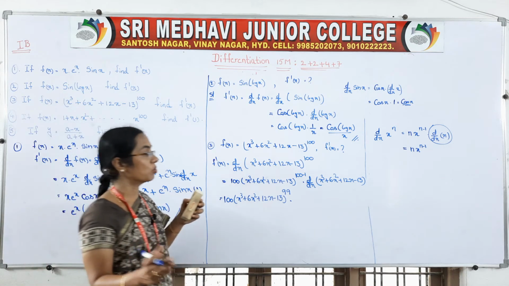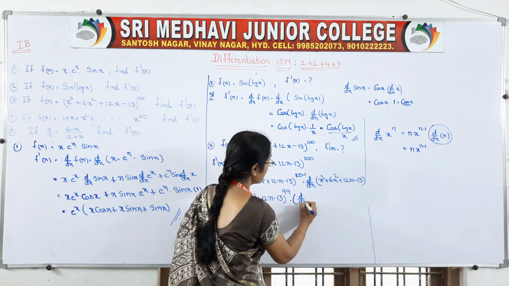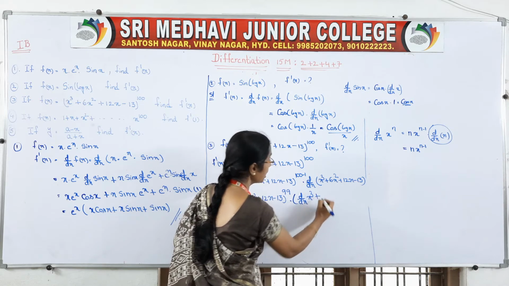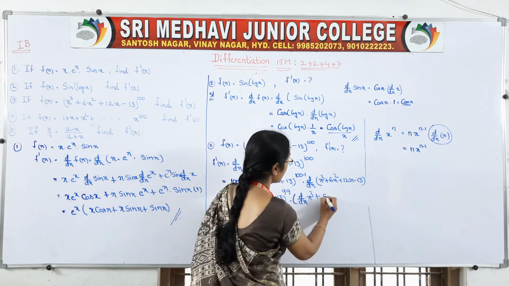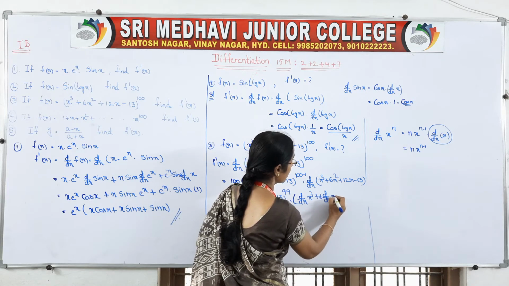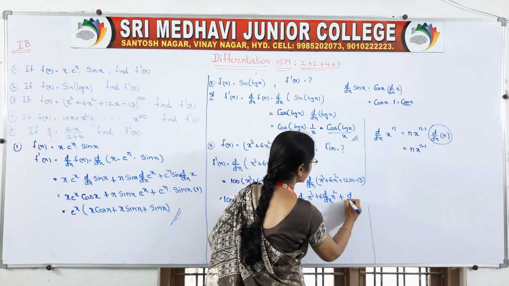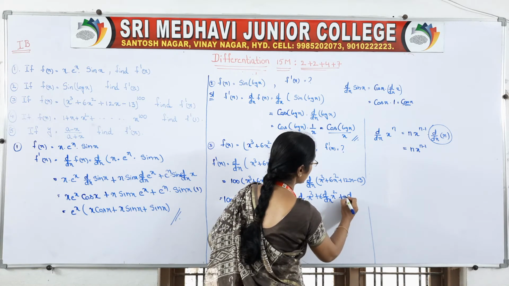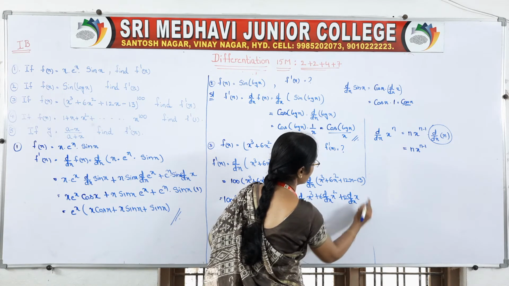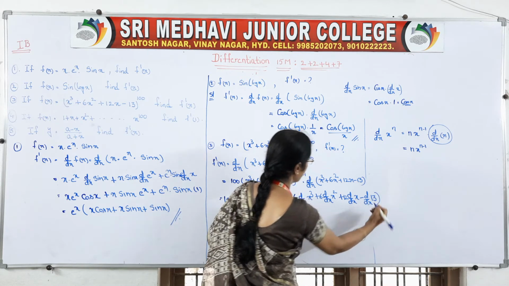Already I said to you, right? So come on, apply d by dx, take the separate derivatives for each and every term. So d by dx of 6x square, 6 is constant, you can write outside, plus d by dx of 12x, 12 is constant, write outside, minus d by dx of 13.